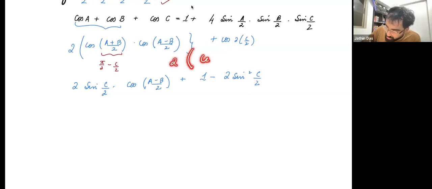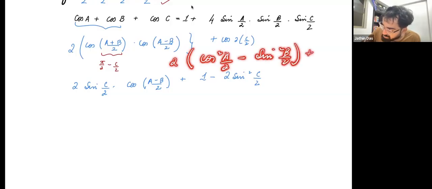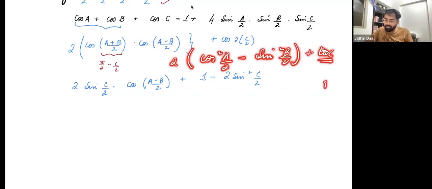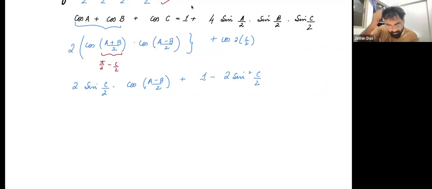You will get 2 cos square a by 2 minus sin square b by 2 plus cos c. Yeah, how did that come? Which one? Cos square a by 2 minus sin square b by 2. Cos a plus b into cos a minus b formula.